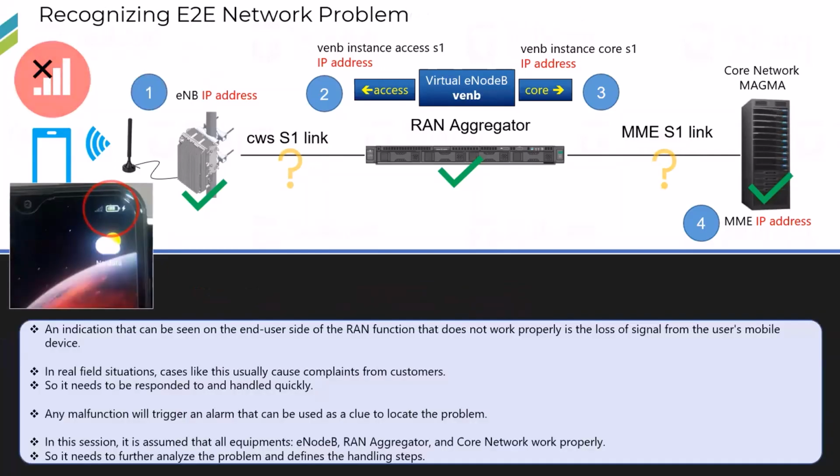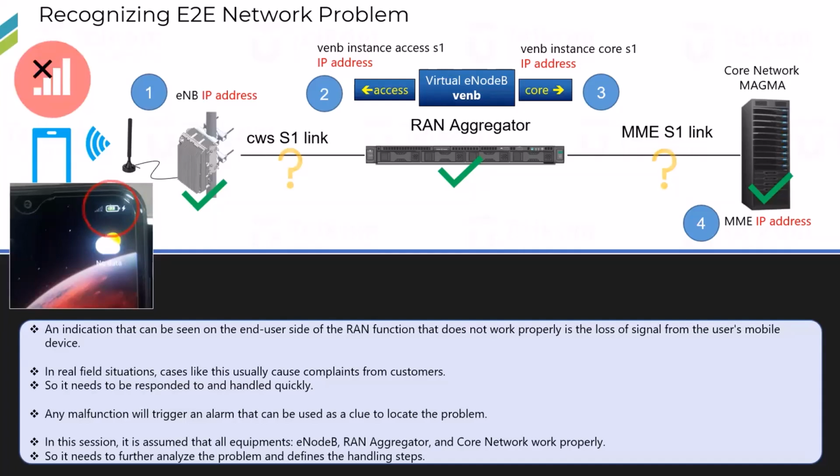But sometimes it happens that you lose your signal, especially when there is no other BTS to cover you. It usually happens in rural areas, or maybe in some suburban areas, when not only one site is down, maybe two or three. So there is no more BTS to cover you.